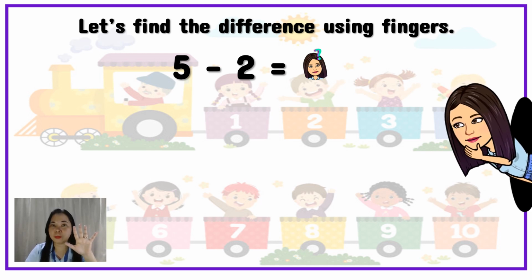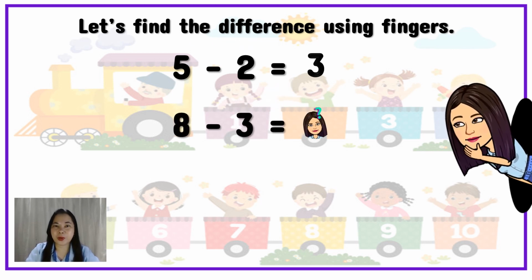And for the subtrahend, which is 2, it means we're going to fold 2 fingers. So we're going to fold 1, 2. So let's count the remaining fingers. 1, 2, 3. So it means 5 minus 2 is equal to 3.